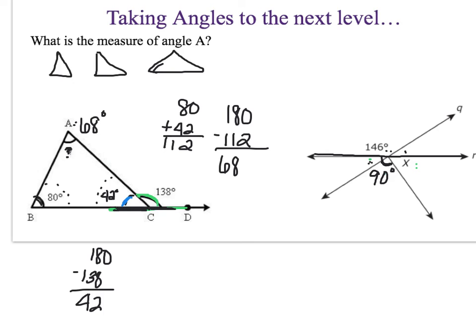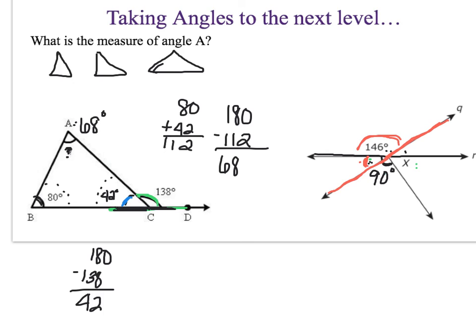Well, I see another straight line right here. And this straight line is made up of this 146 angle and this missing angle right here.